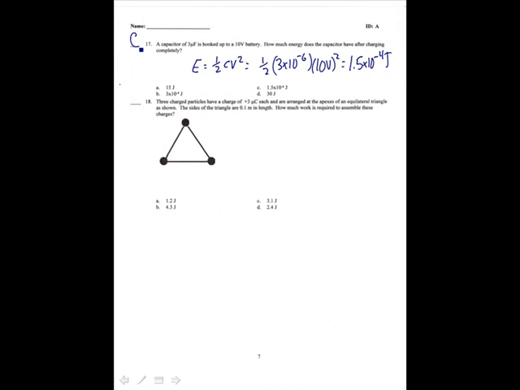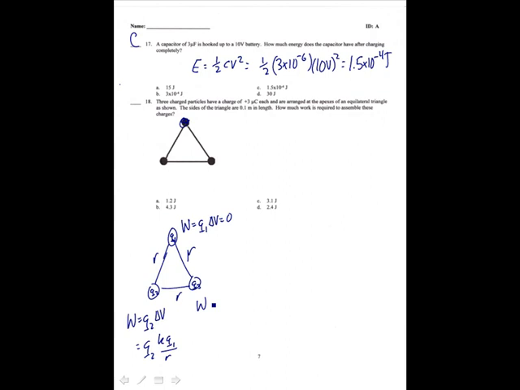Alright, we have 3 charges. We want to know how much work is required to assemble these charges. You want to start and place the first charge. I'll call this Q1, that's this charge up here. To put this in place, the work is equal to Q1 delta V, which is equal to 0. Now to put Q2 in, this distance is R. The work to place it here is Q2 delta V. That is Q2 times K Q1 over R. And then to put the third charge, these distances are all R, this is Q3.